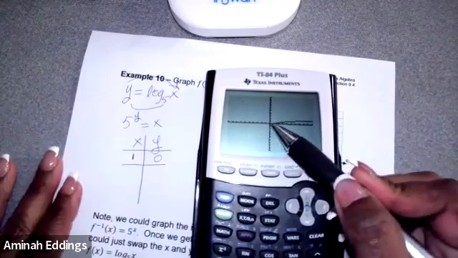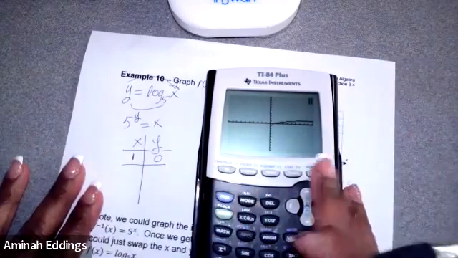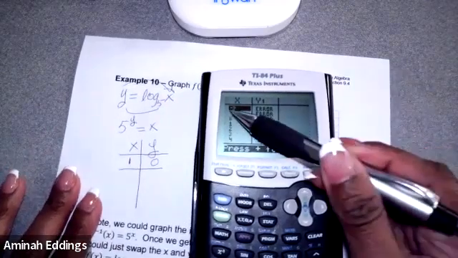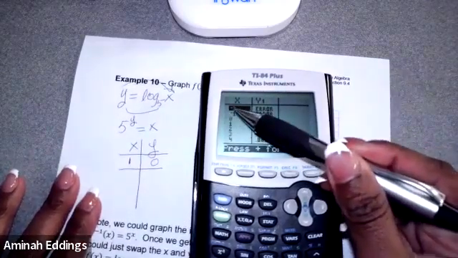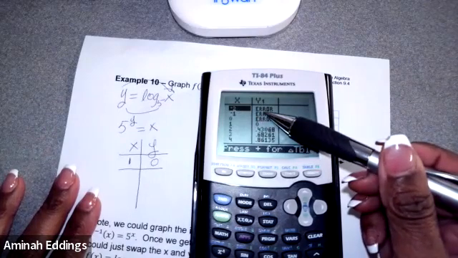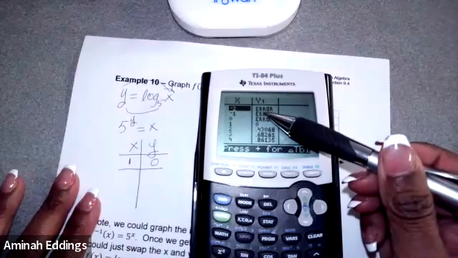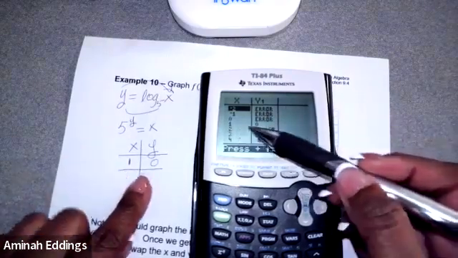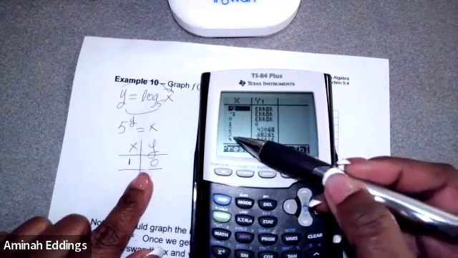So you see my graph, but let's look at some values. If you recall, I told you you can't take the log of a negative number. That's why you're seeing error there. Everybody with me? Here, when x is 1, y is 0.